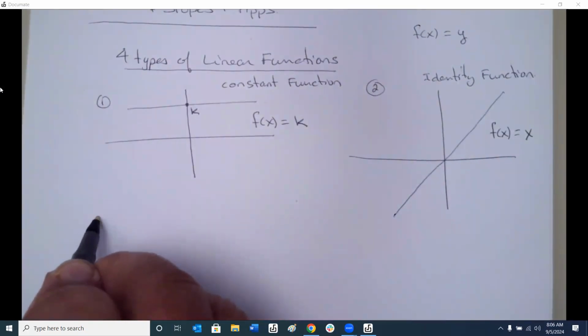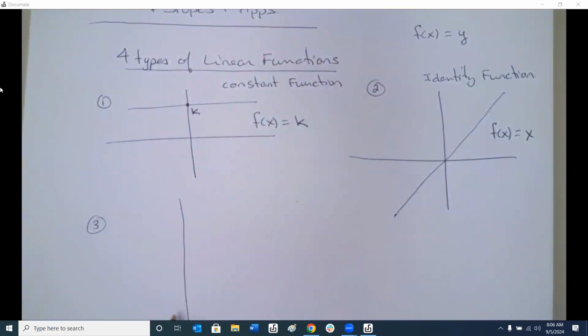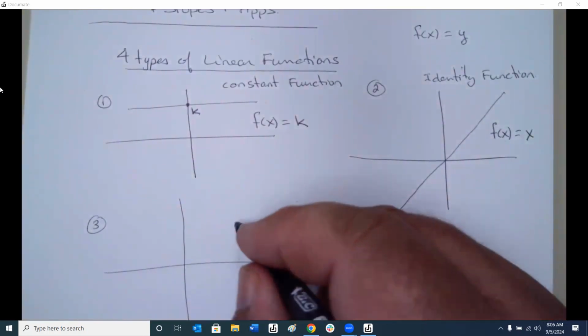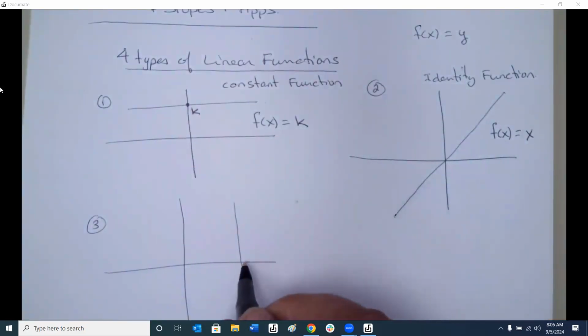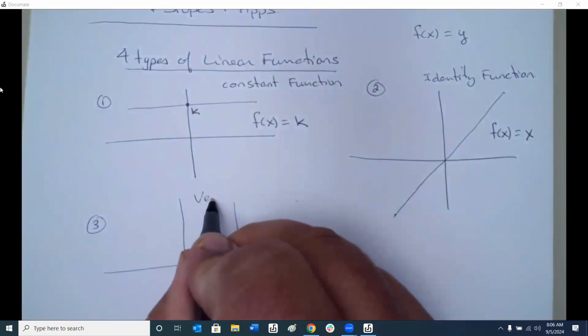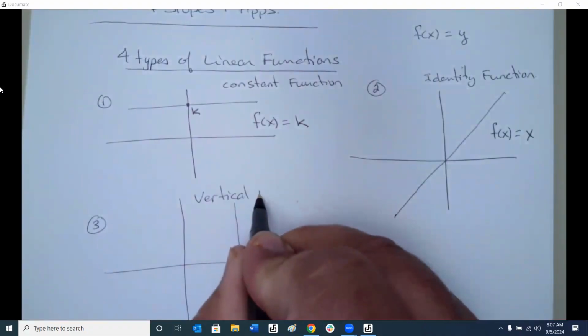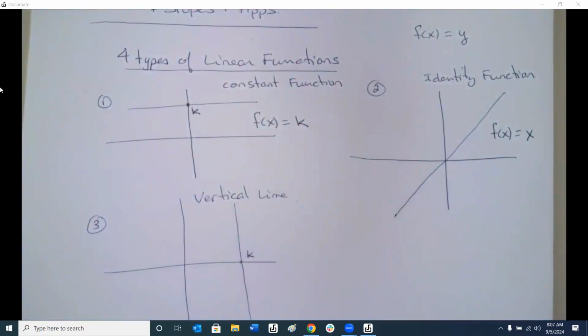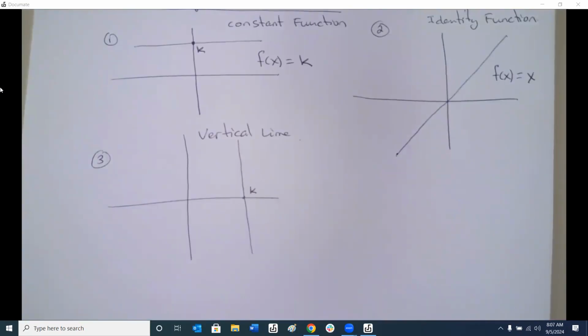The third type, which is not really a function because it fails the vertical line test, is a vertical line, because remember, a function has to satisfy the vertical line test, which means there cannot be more than one y value for every x value.